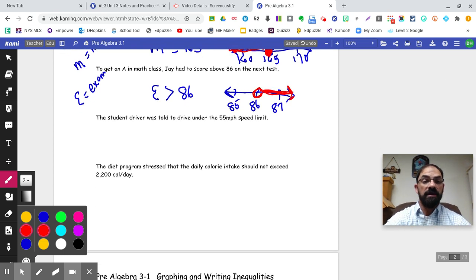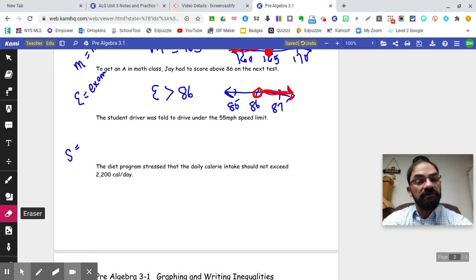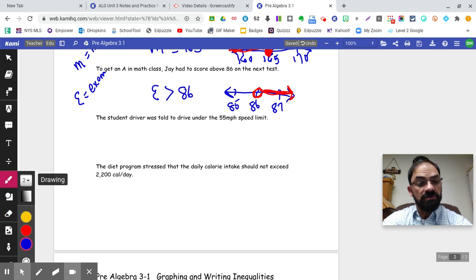2 to go. A student driver was told to drive under the 55 mile an hour speed limit. All right, let's just use S anyways. S equal, or you know what? Let's use D for drive. Let's say drive equals speed. How's that?